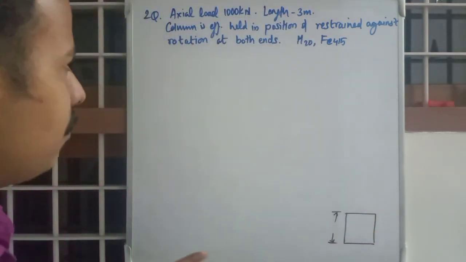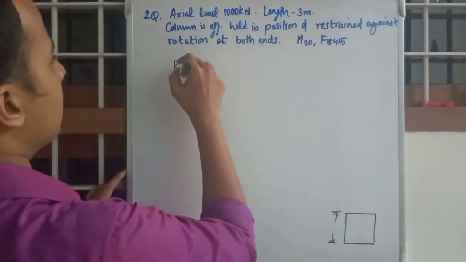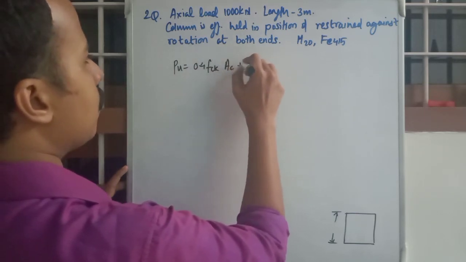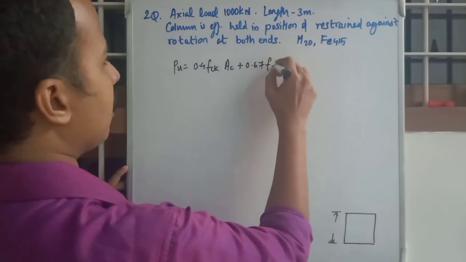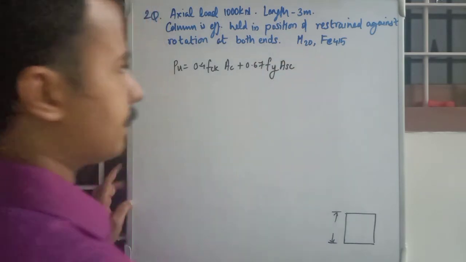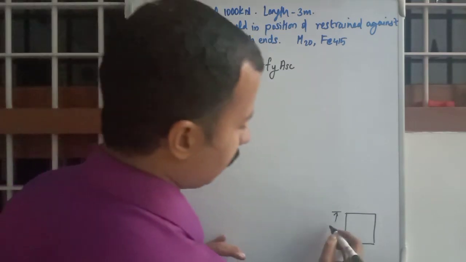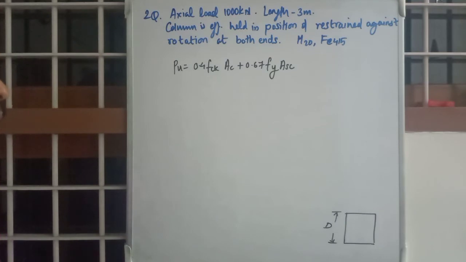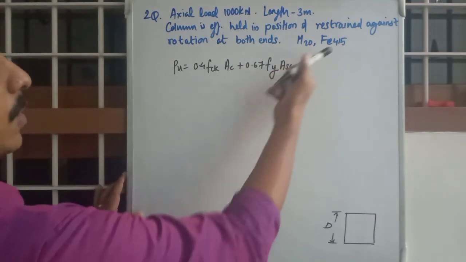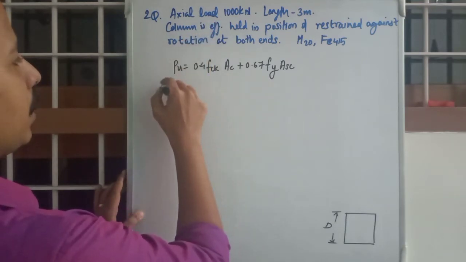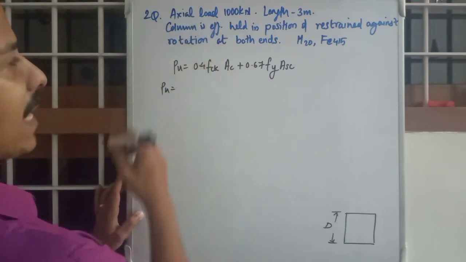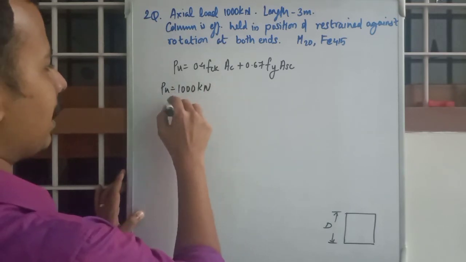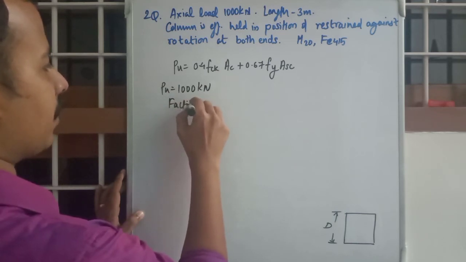So the same equation, PU is equal to 0.4 FCK AC plus 0.67 FY ASC. For the time being, we will assume this square cross section dimension as capital D. We know FCK is 20, FY is 415, and PU is the factored axial load, so we need to multiply the axial load with 1.5.